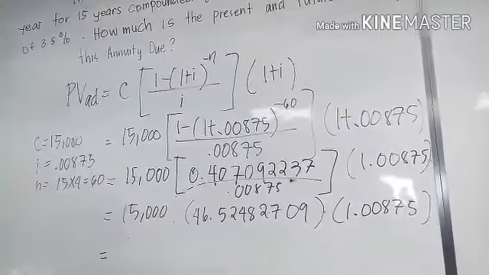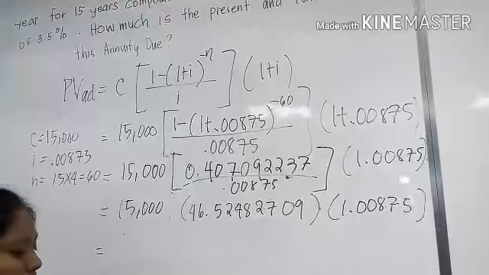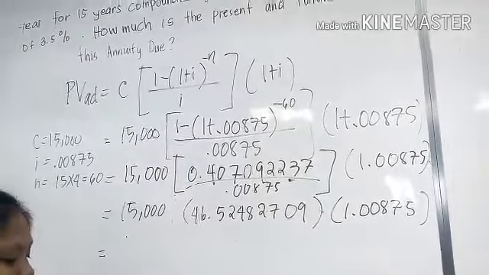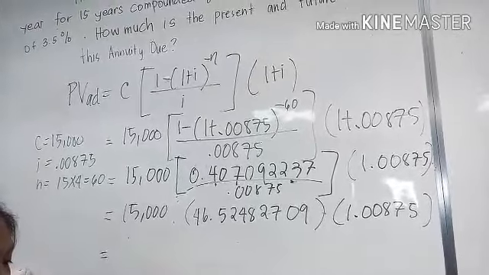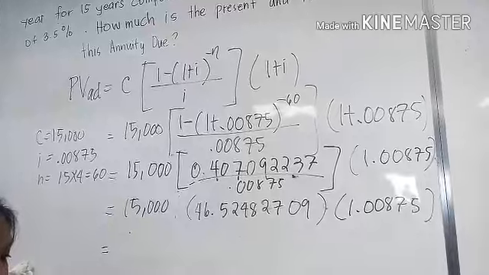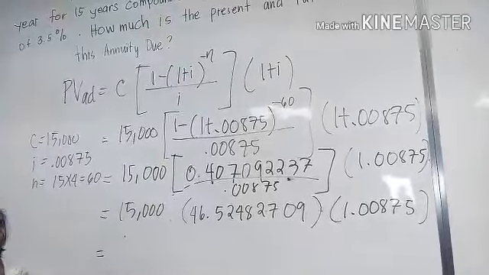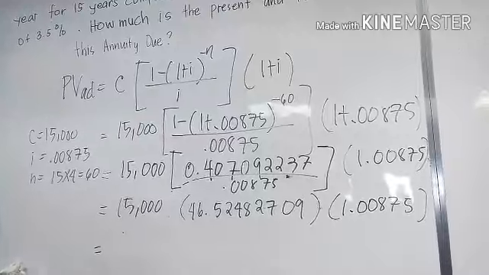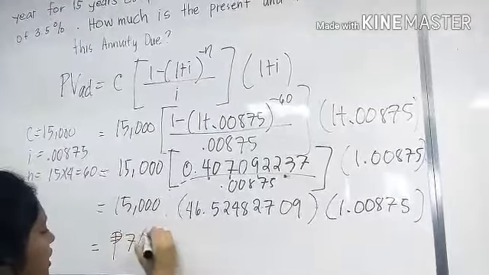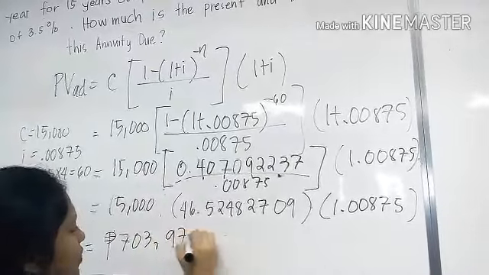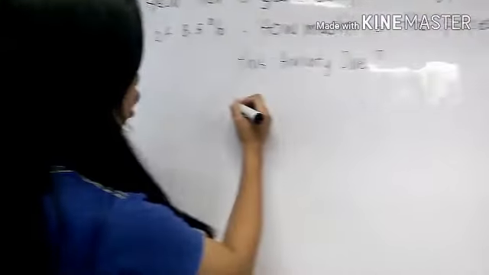To get the final answer, we have to multiply 15,000 times 46.524827709 times 1.00875. So we will get 703,978.7.